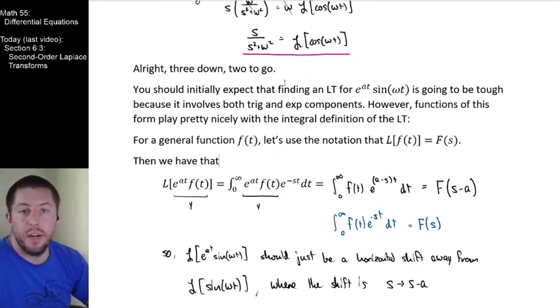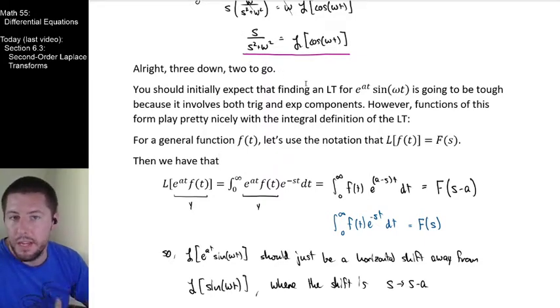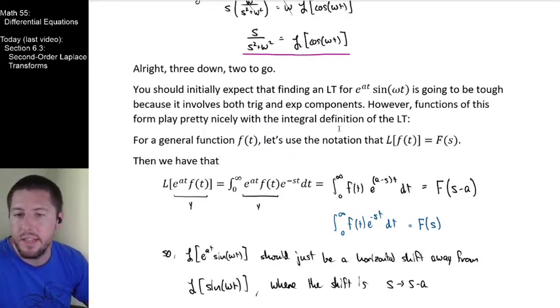That's the only shift that we're going to experience. So what you can see here is when we have this Laplace transform of cosine of omega t, when we look for the Laplace transform of e to the at cosine omega t, we're just going to see some s minus a's where we used to see s in the previous expression for the Laplace transform of cosine omega t, sine omega t right there.